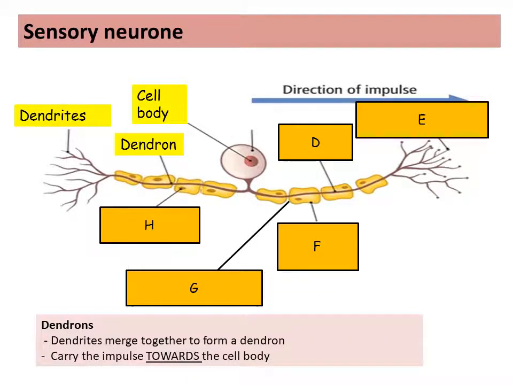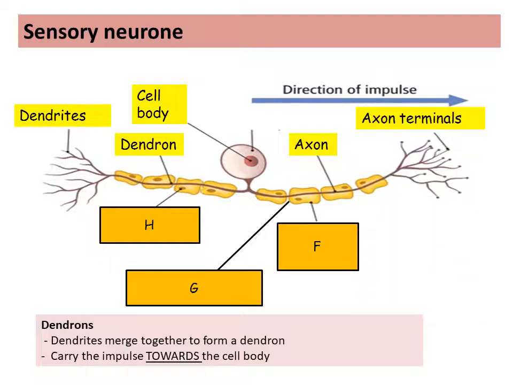The cell body here is now centrally located along the neuron, whereas in the motor neuron it was at one end. And we can see there we've got the nucleus in the centre. The axon is carrying the impulse away from the cell body and is going to terminate in these axon terminals that we had in the motor neuron. So we've actually got some similarities there with the motor neuron.